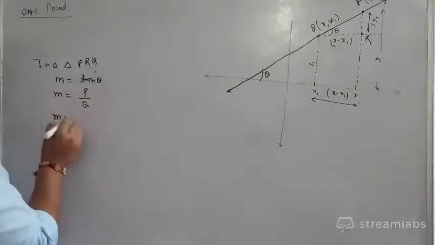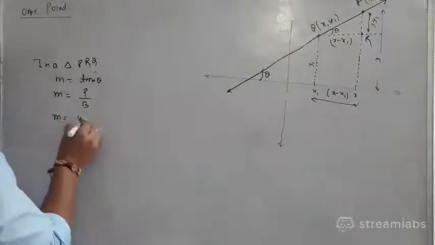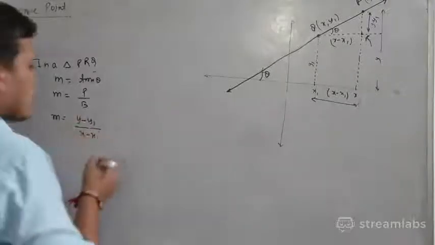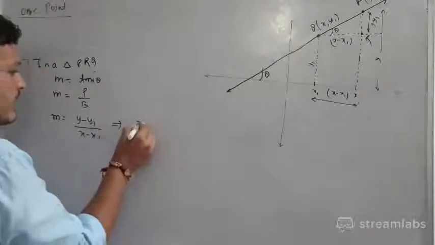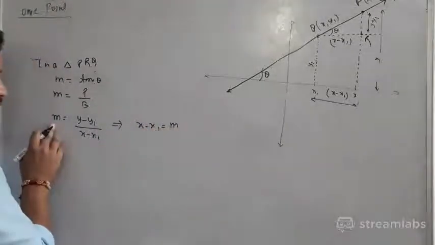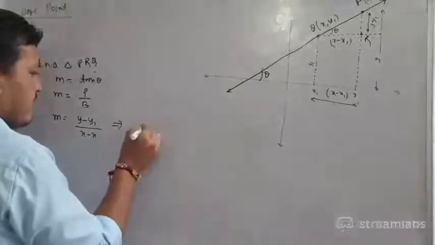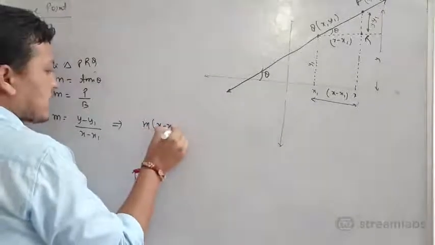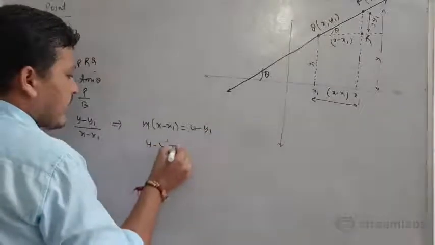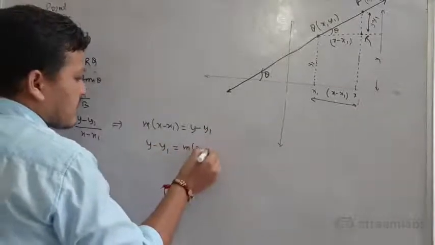What is the perpendicular there? y minus y1, and base is x minus x1. Do the cross multiplication: m into x minus x1 is equal to y minus y1. Yeah, we can write y minus y1 is equal to m times x minus x1.